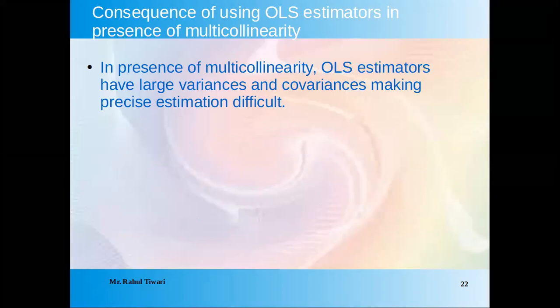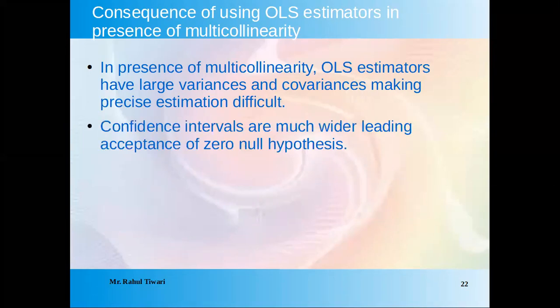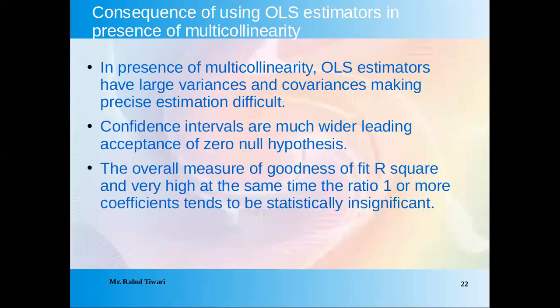Confidence intervals are much wider, leading to acceptance of the zero null hypothesis. If the confidence interval is wider, everything belongs to the interval, which means obviously you are going to accept H naught. There will be no more criteria.